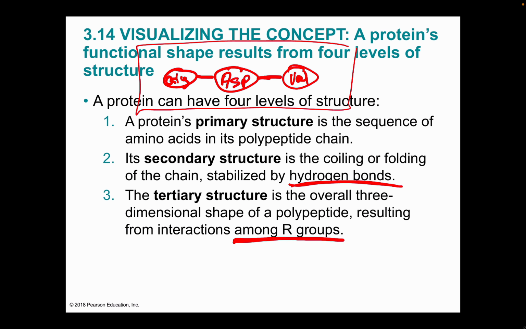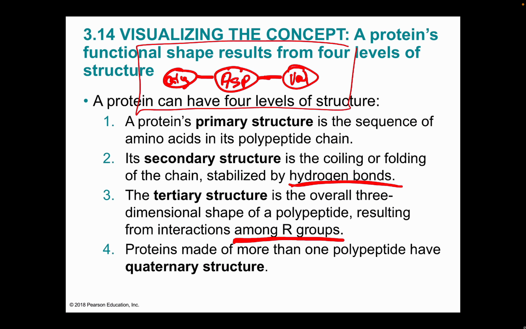Some proteins, right, not all proteins, end up displaying what we call quaternary structure, and this really just depends on the complexity of the protein. These are any proteins that are made of more than one polypeptide. So here you have multiple chains of amino acids that can interact with each other.